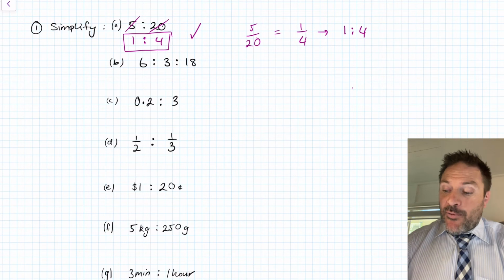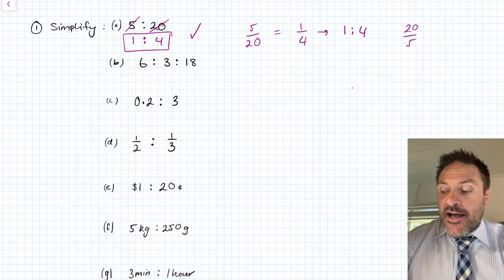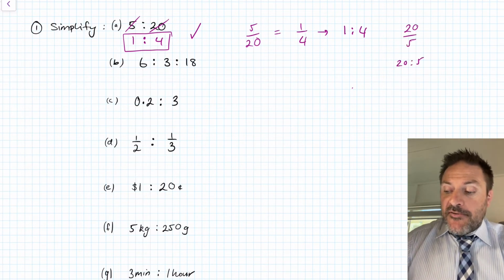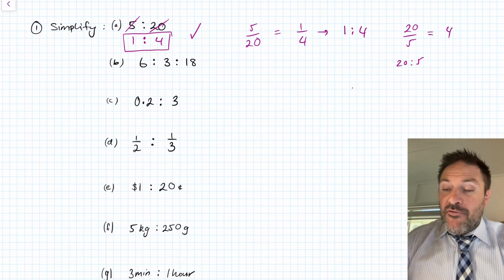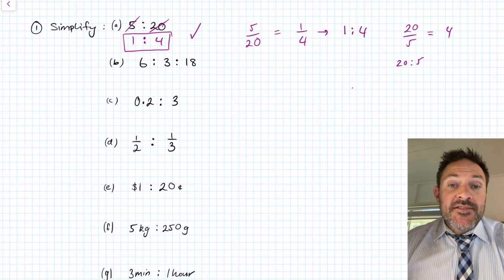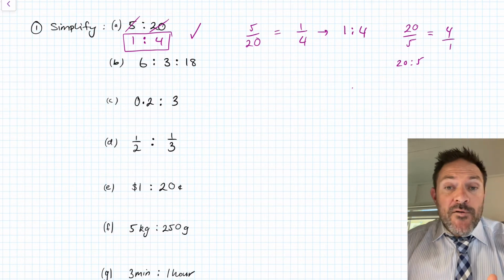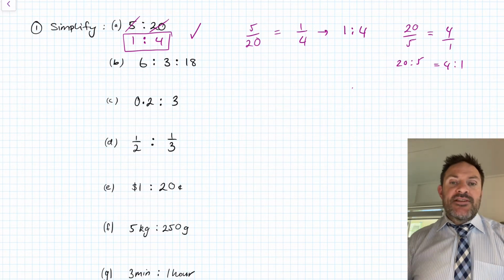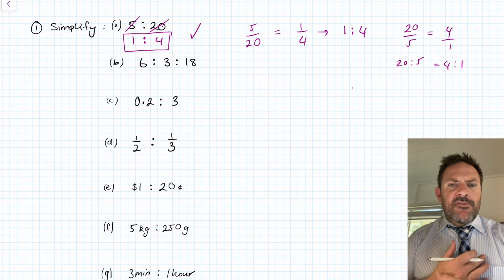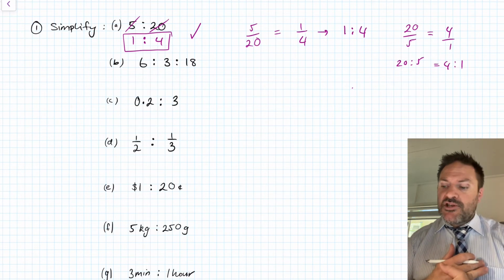If you did it the other way around and you did 20 over 5, so you were doing 20 to 5, your calculator will give you the answer of 4. And what you have to recognize is 4 as a fraction is 4 over 1, which means that's 4:1. So you can use a calculator for this work, guys, to get those answers a little bit easier, particularly with fractions and decimals that make it a little bit more challenging.